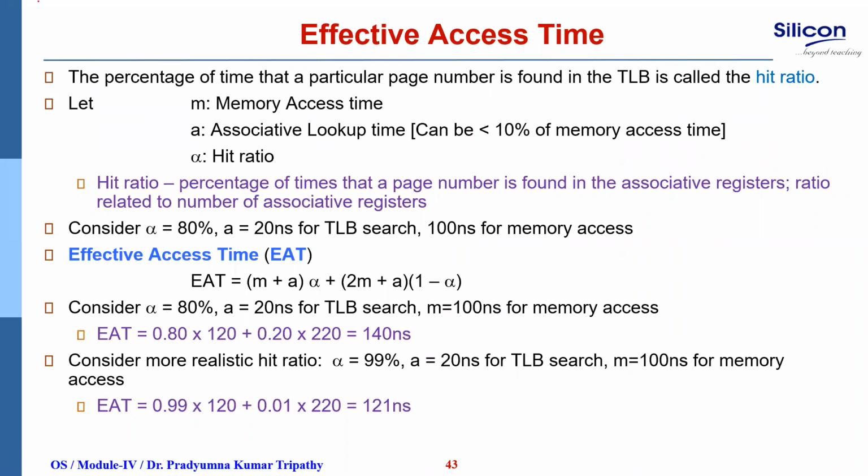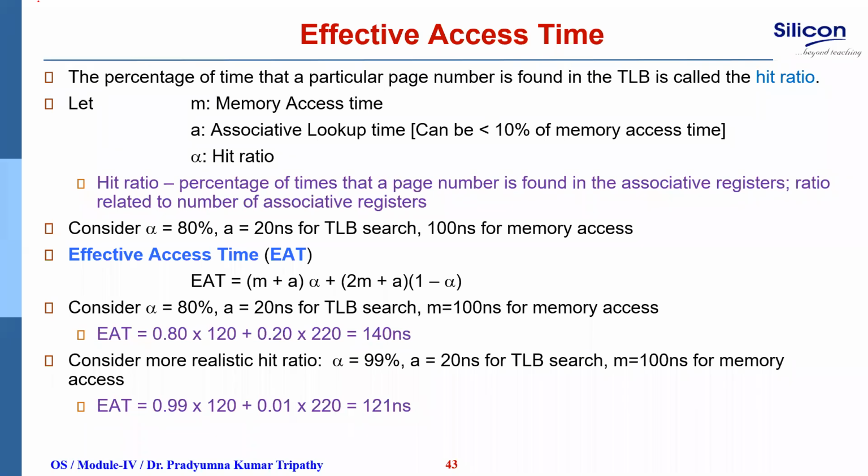So now look over here. This is important. One problem usually comes over here: the effective access time. How to compute the effective access time? The percentage of the time that a particular page number is found in the TLB is called the hit ratio. Right?